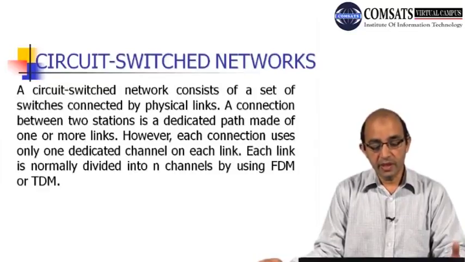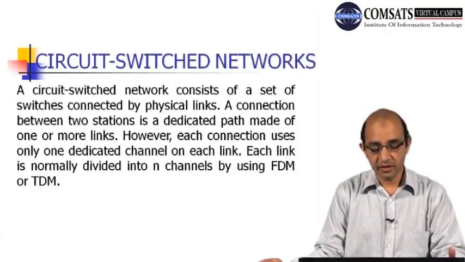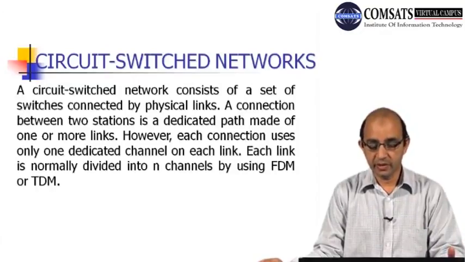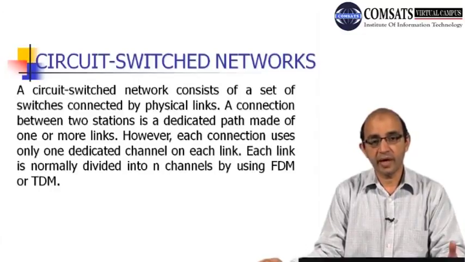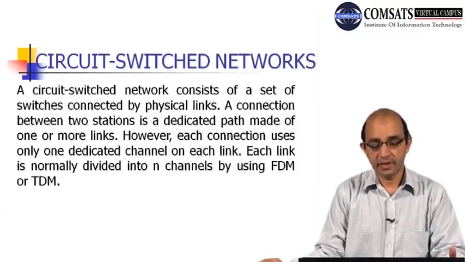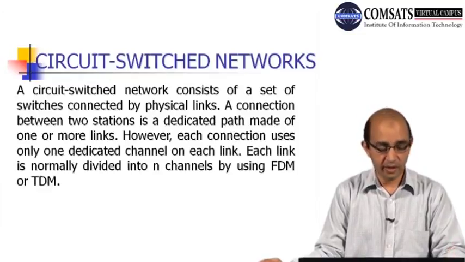But each connection uses only one dedicated channel. So we can have channels on those different media or links. Each link is normally divided into n channels by using FDM or TDM. So we can have TDM, time division multiplexing, and frequency division multiplexing in order to subdivide the link into different sub channels, right?